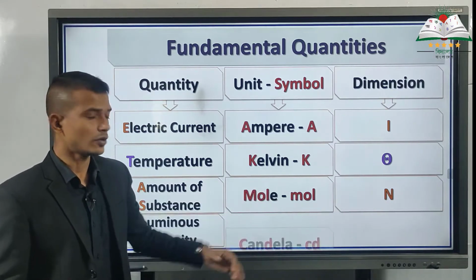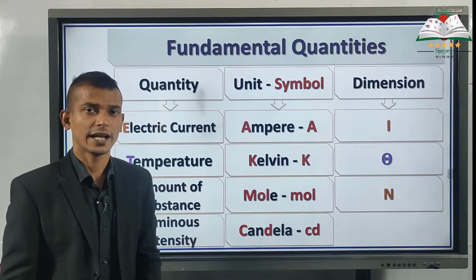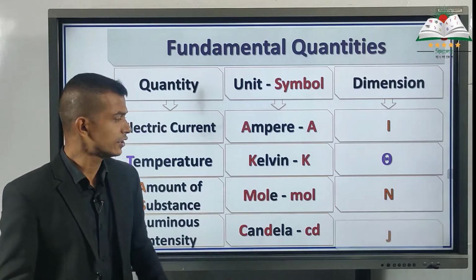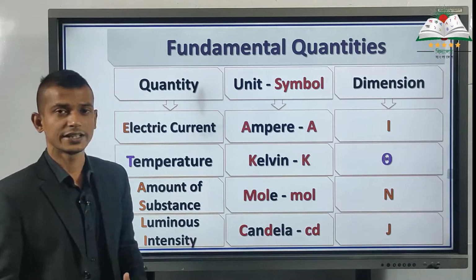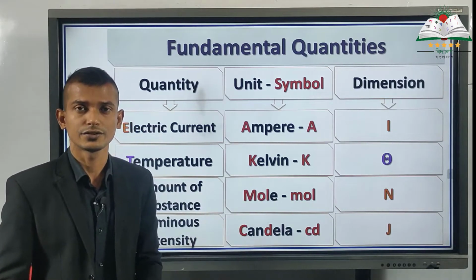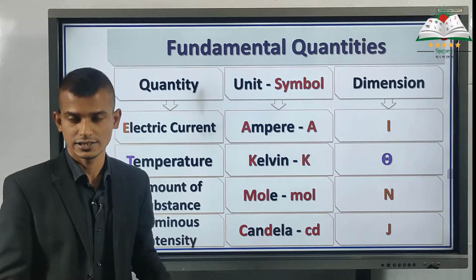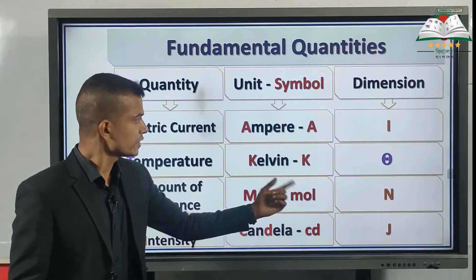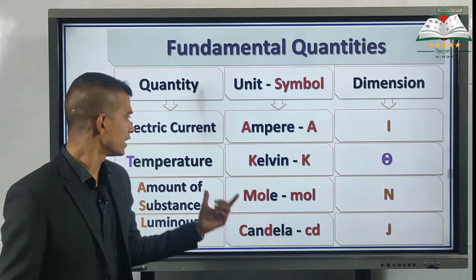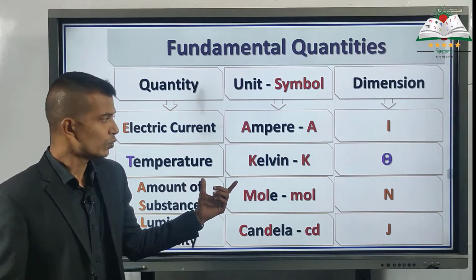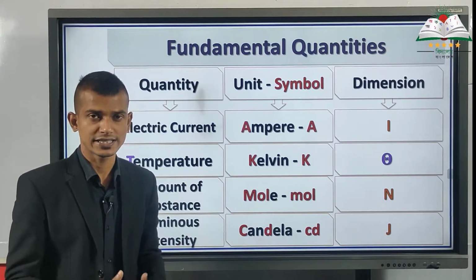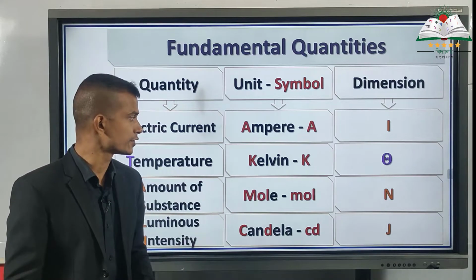It has a unit of candela, and its symbol is cd, and it has a dimension of capital J. As I said, the 3 things, M, L, T, are going to be necessary, and the uppercase theta, which is the dimension of temperature, will be very important for your HSC level MCQ and your admission test as well.